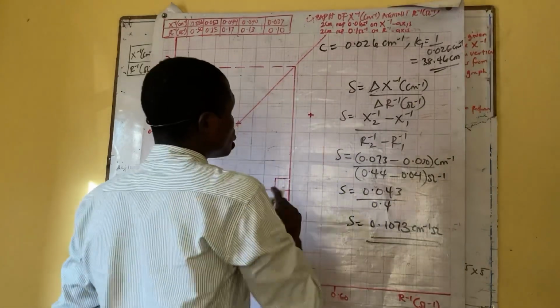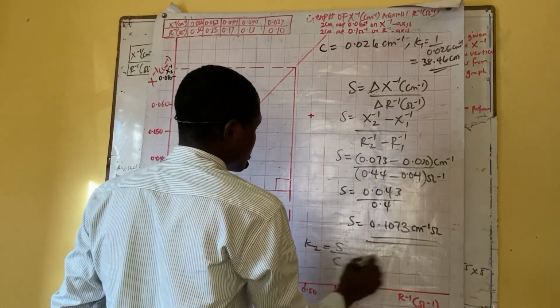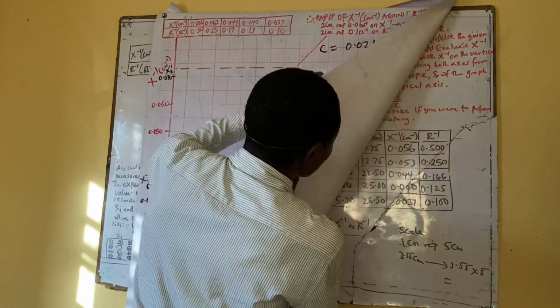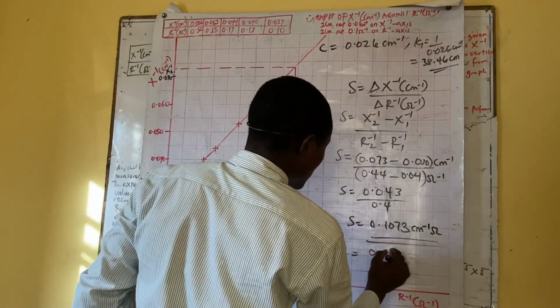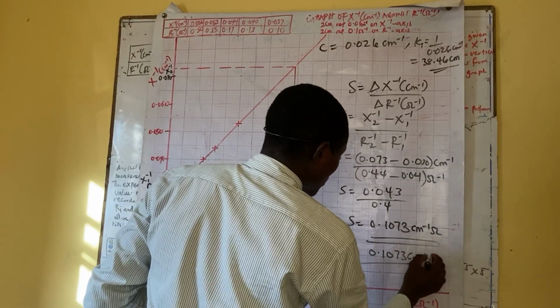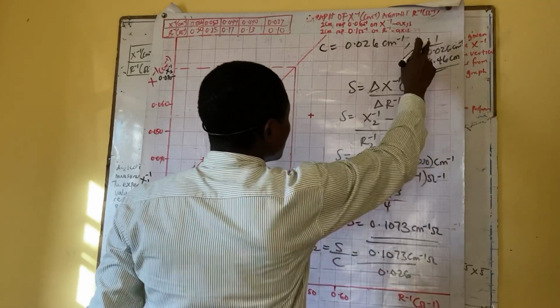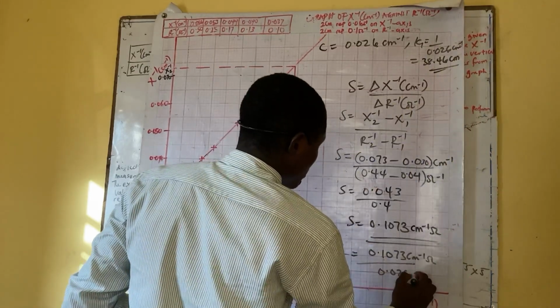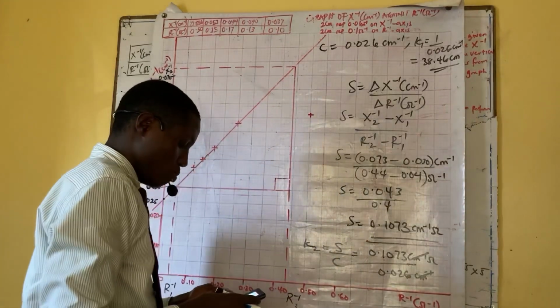So K2 is equal to S over C, according to the formula given to us. So what is your S? 0.1073 per centimeter ohms over 0.026 that you get for your C. So per centimeter cancels per centimeter.